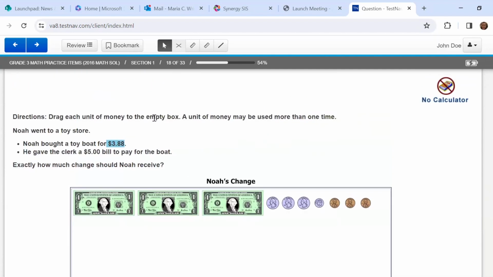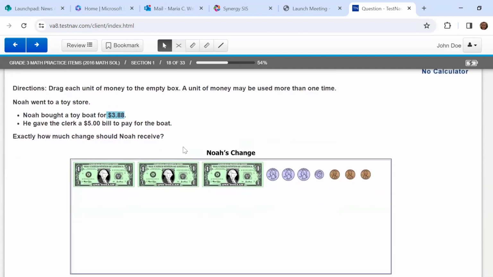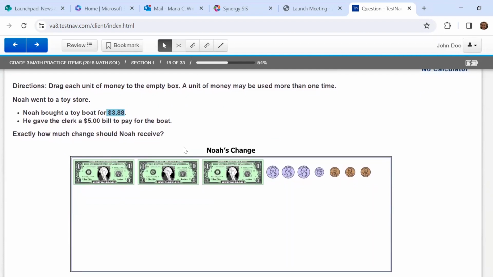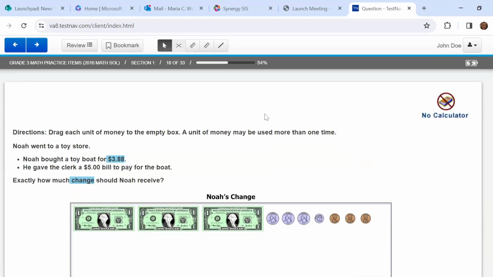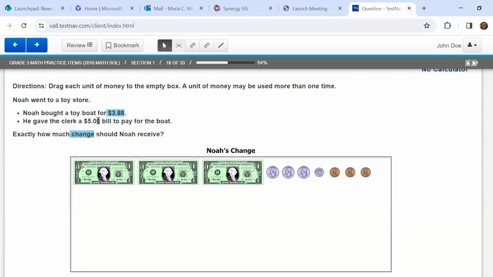And they say done, but they didn't actually pay attention to what they're supposed to do, okay? Because it's asking us how much change should he receive. So you can do a number line and hop from $3.88 to $5 to figure out the difference, or you could subtract. I like to use the minus a penny rule.